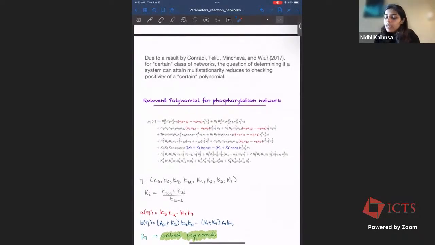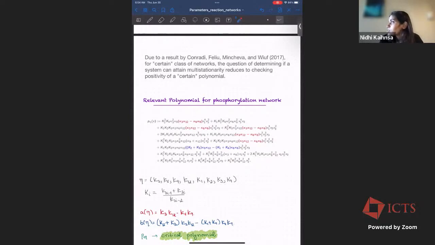We have made some transformations in the reaction rates to make it easier, and we have gone from 12 parameters to 8 parameters. Some of these parameters, the small kappas and capital Ks, are written in terms of the rest of the kappas which are missing.